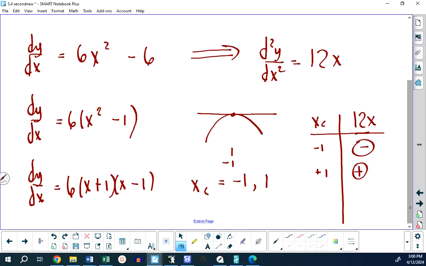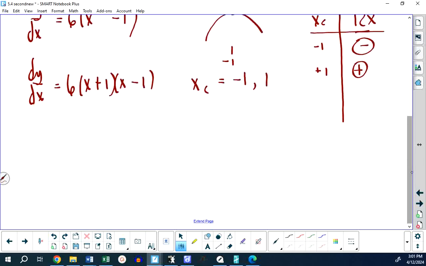But we get a positive result here, which means that at positive 1 we have a minimum because positive is concave up. And if it's concave up, it has a lowest point where the slope is 0. So what we've determined with the second derivative is there is a max at negative 1 comma some number and a min at positive 1 comma some number.